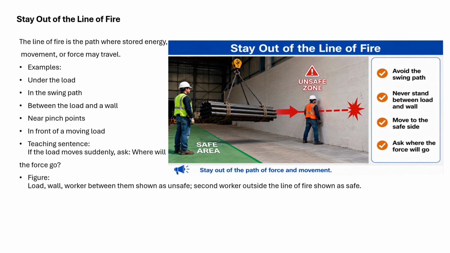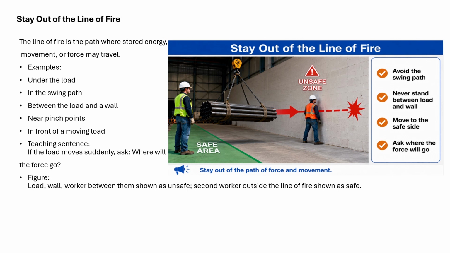Stay out of the line of fire. The line of fire is a path where stored energy, movement, or force may travel. Here are examples: under the load, in the swing path, between the load and the wall, near pinch points, in front of a moving load, in the path of a load moving suddenly.